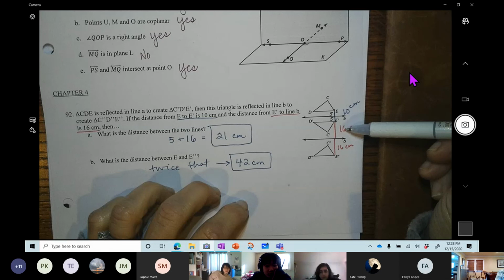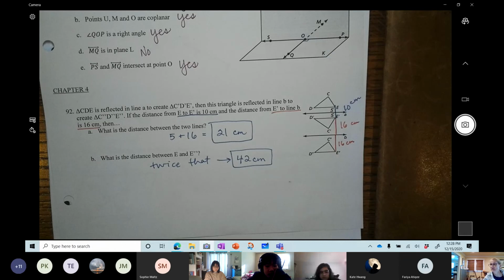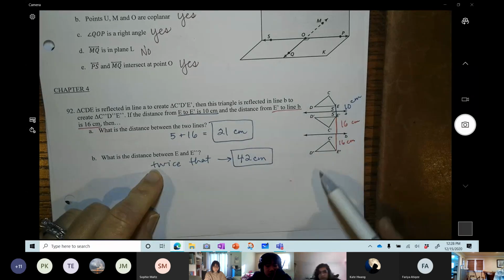The theorem says if you flip it over twice, then it will be twice this distance. So you could either count 16 plus 16 plus 10, that would give you 42, or you can remember the theorem, it's twice 21 if you reflect it twice.